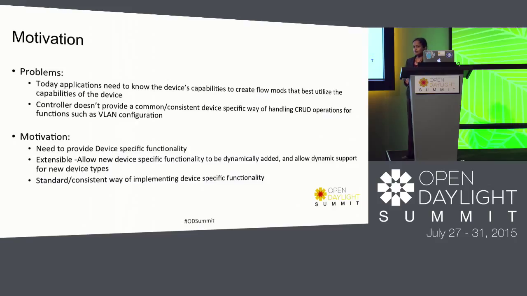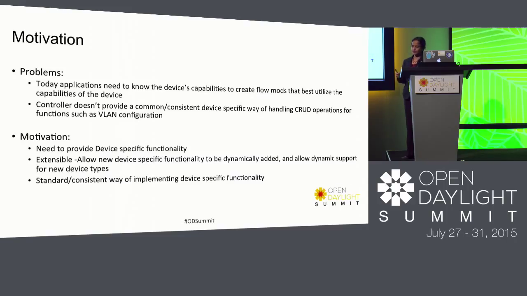So just to start with, right now in ODL, if an application needs to send a flow mod or any device-specific configuration, the application needs to know how to adjust the flow mod or validate the flow mod, create flows specific to that particular device, and then send it. Say, for example, if you take VLAN configuration as well.